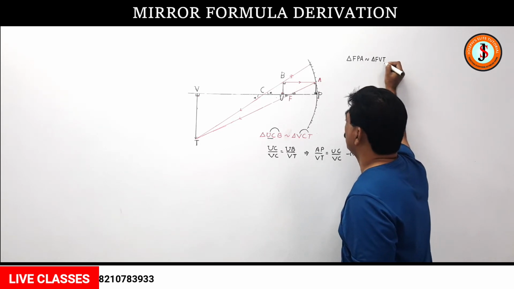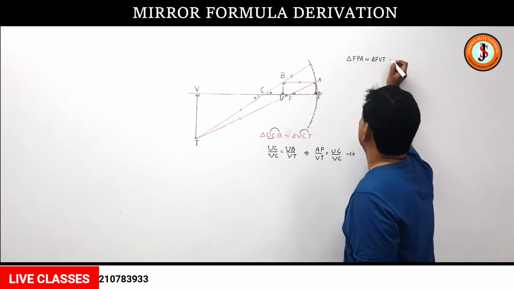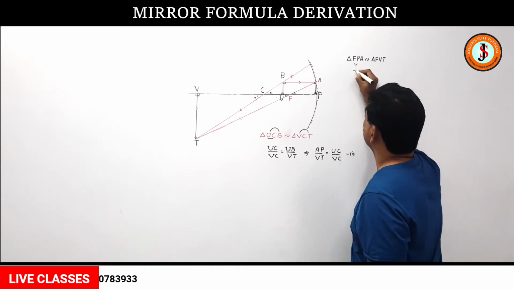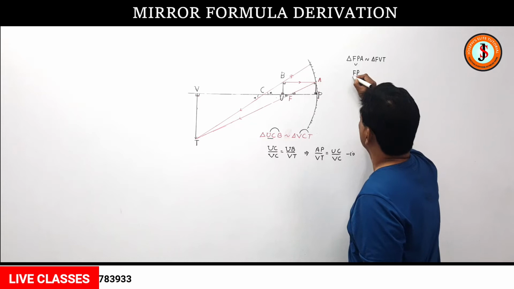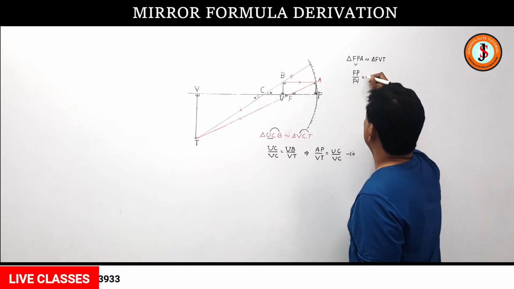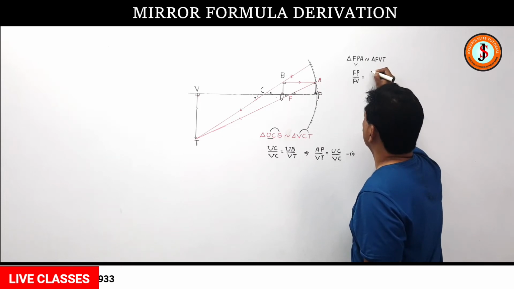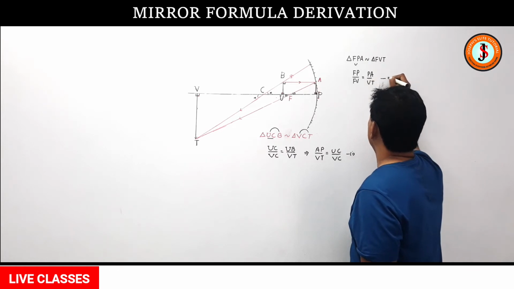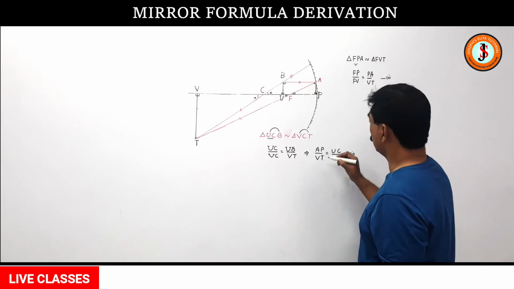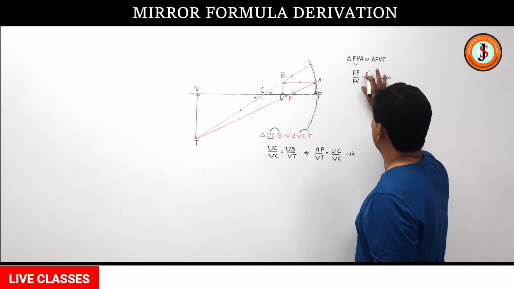That means we can write FP by FV is equal to PA by VT, or AP by BT.